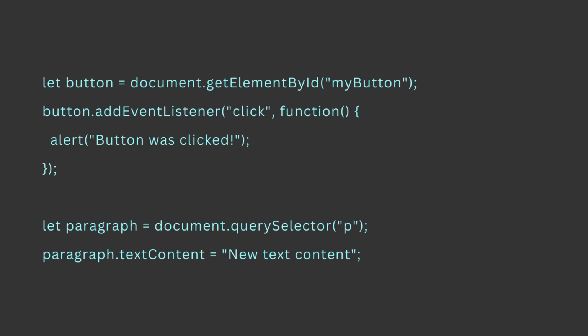When clicked, it triggers an alert saying "Button was clicked". Another element, a paragraph, is selected using the querySelector method, and its text content is updated to "New text content". This code demonstrates event handling and DOM manipulation in JavaScript.